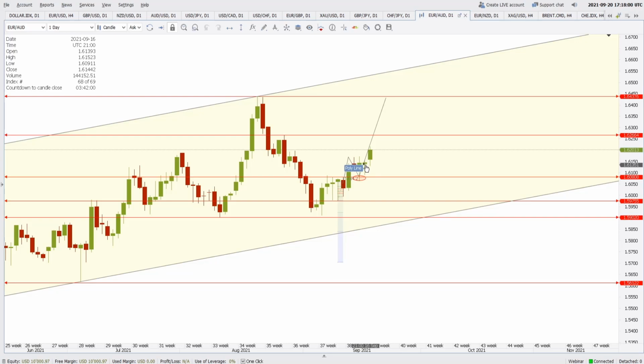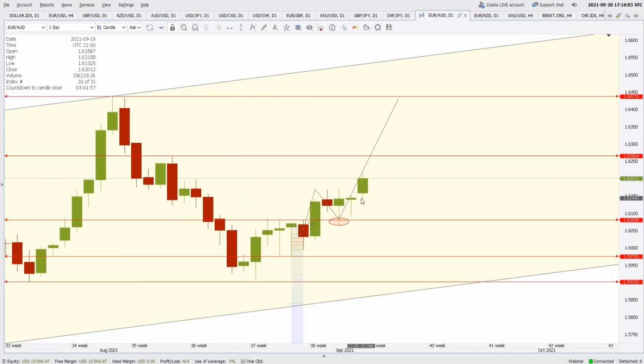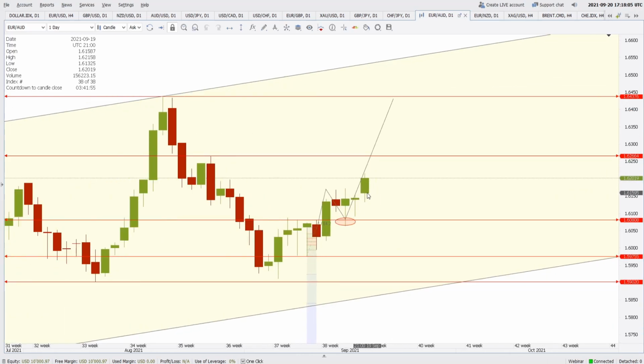Also there was an inside bar, and today there has been a breakout of that inside bar already, and the price has broken these two resistances also, and now it is looking towards 1.6266 as the fresh resistance if it happens. So on the lower side we have support at 1.6080, and on the higher side we have resistance at 1.6266 for this market.